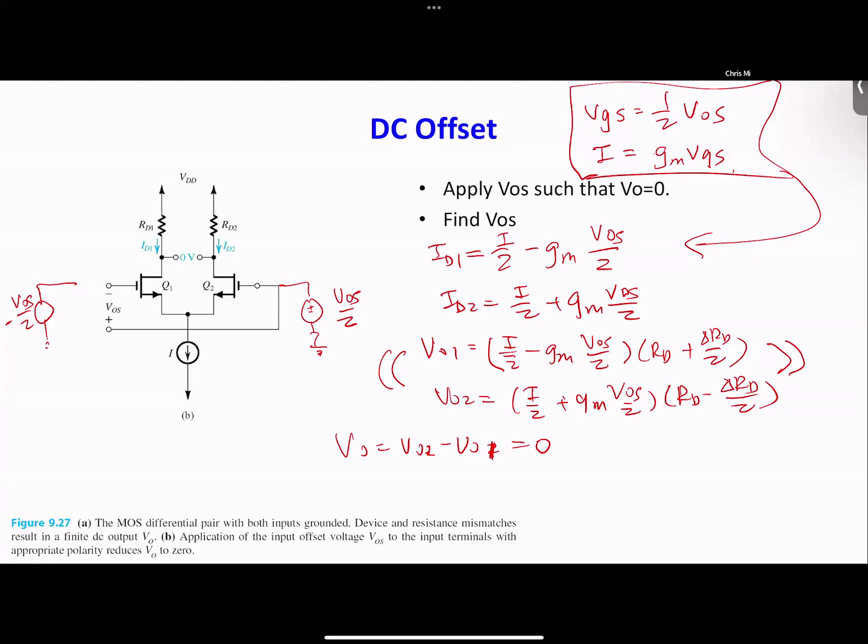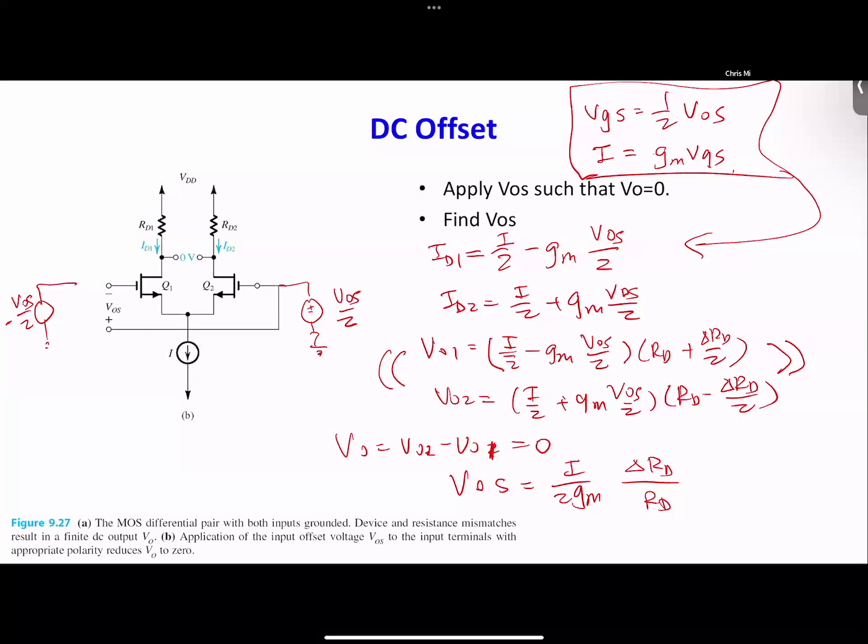Basically, we got the expression for VOS. So we found that VOS equal to I over 2 times GM, delta RD over RD.